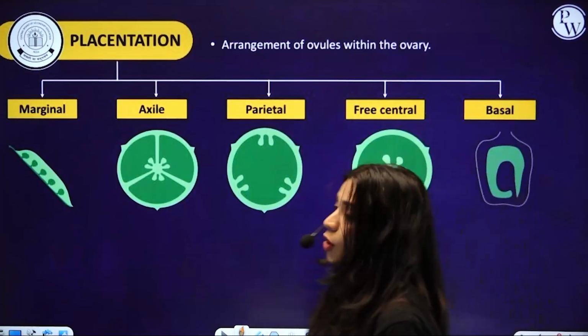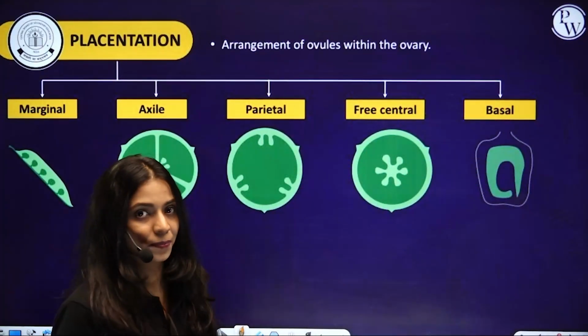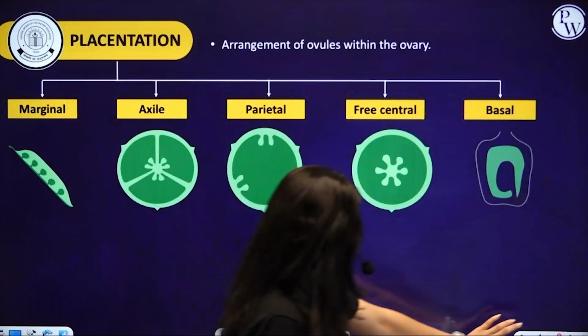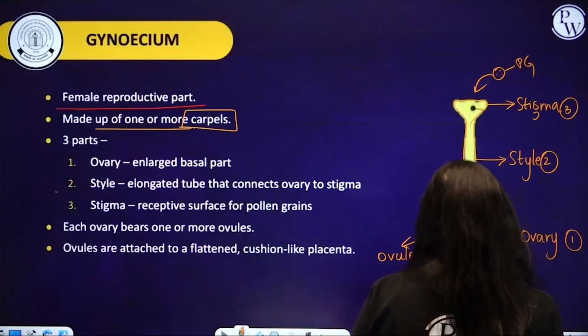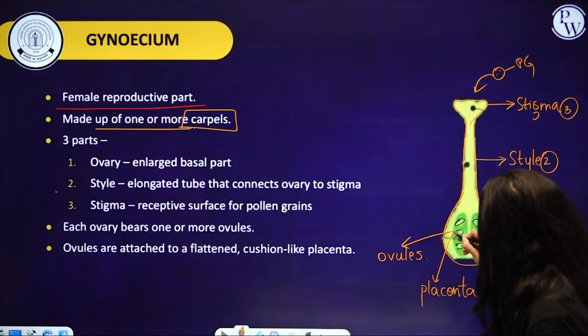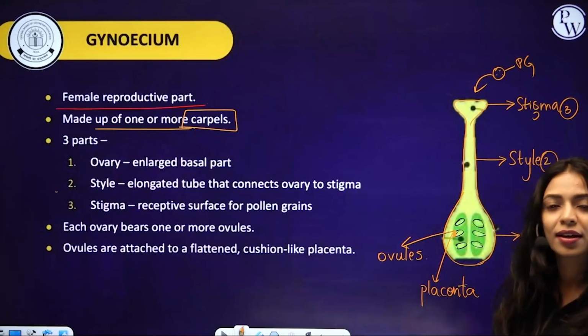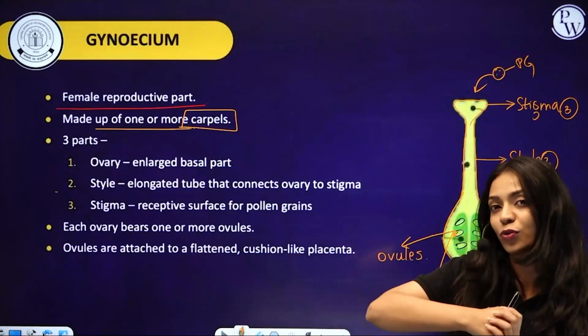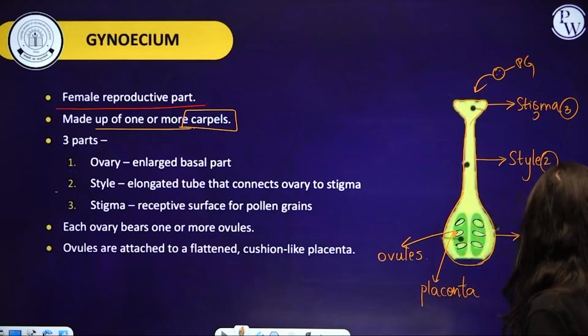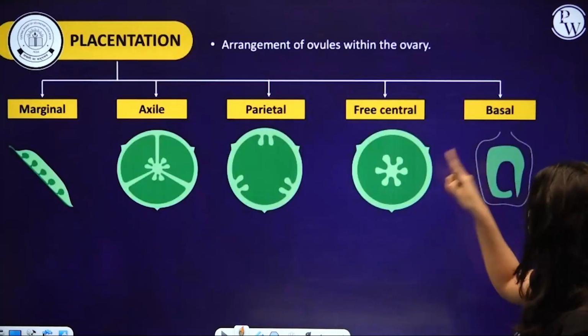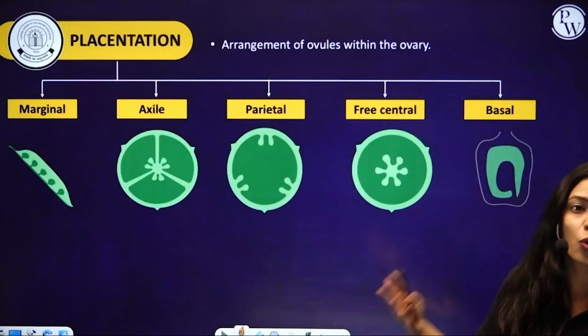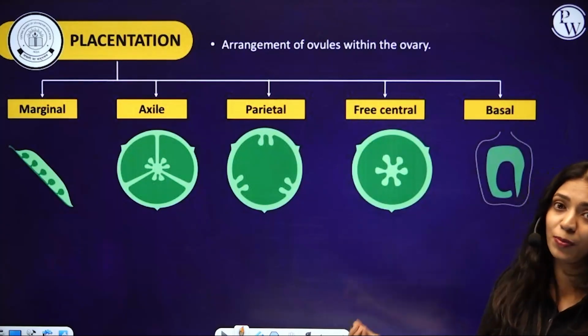Now, let's talk about placentation. I just told you that placenta is this cushion-like structure that is present in the wall of the ovary, and to this placenta the ovule will attach, right? So depending upon how the ovules are arranged within the ovary, we have different types of placentation.